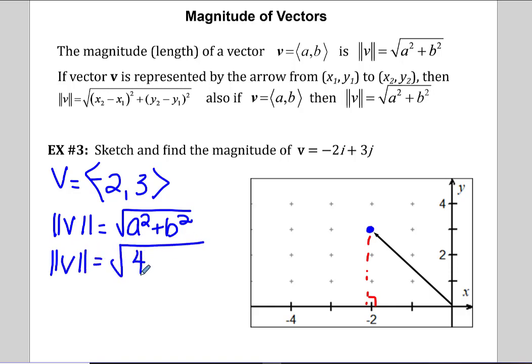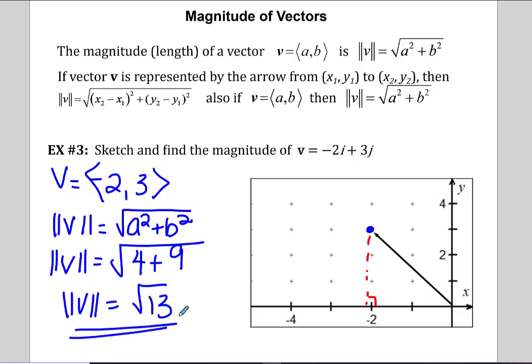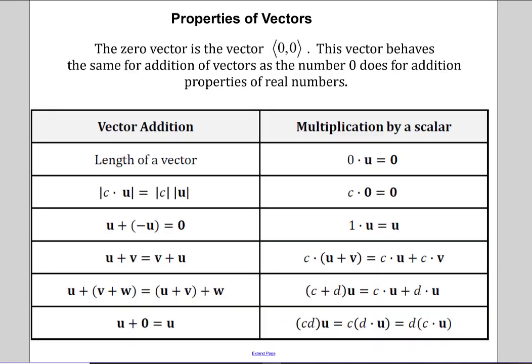So -2 squared and +3 squared gives us the magnitude of radical 13. And that would be this length here. And we don't have any units, so radical 13 is our magnitude. There are some properties. I won't spend too much time, but you can come back and review those as you need them for homework.